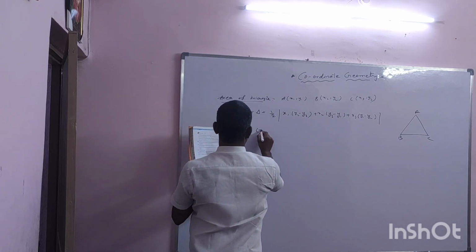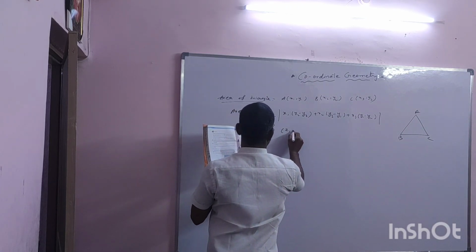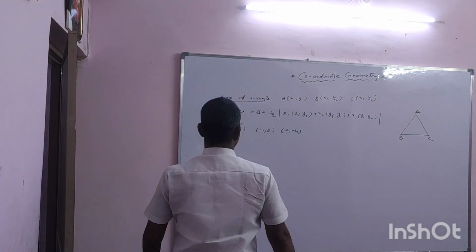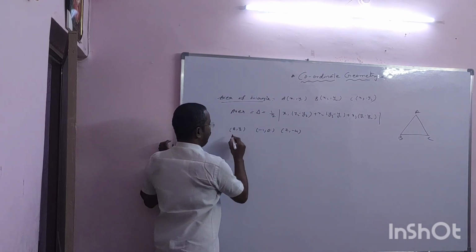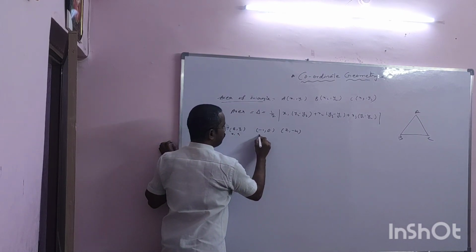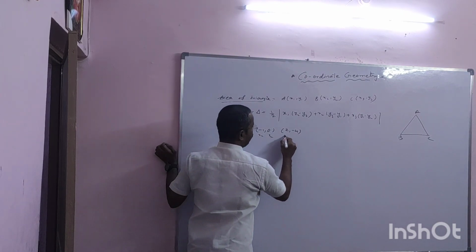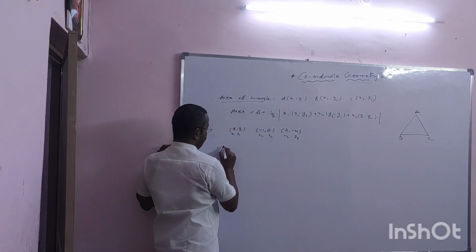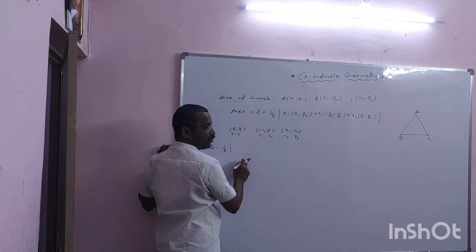the points 2 comma 3, minus 1 comma 0, 2 comma minus 4 are given, and we are asked to find the area of the triangle. Write them as x1 y1, x2 y2, x3 y3 for our reference. Then half del is equal to, we already have the formula, so you need not repeat it.